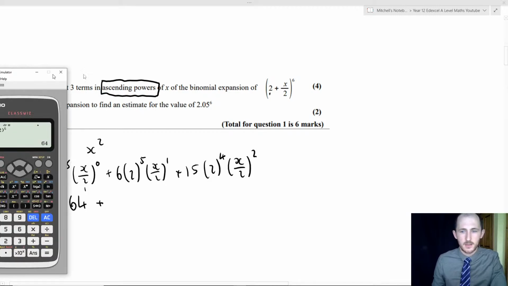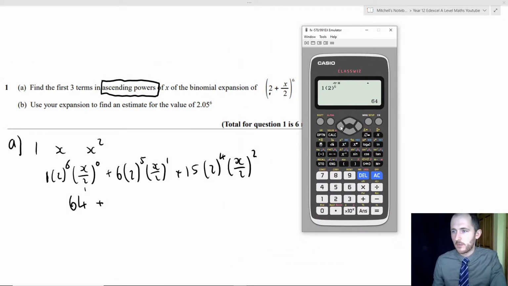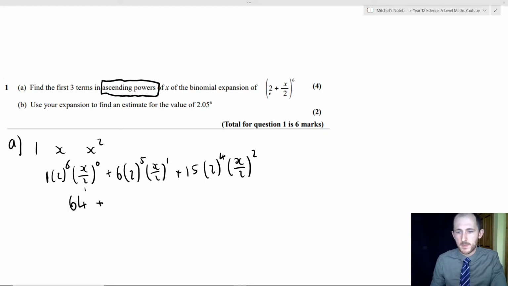Plus. Now look, I'm not going to rewrite the whole thing. Use the arrow keys to edit what your thing was. So I change that to a 6. I change the power to a 5. And now what's the actual value inside here? Well, it's 1 over 2. So I'm going to leave the 1 over 2 there. 96. And then remember that there's going to be an x.